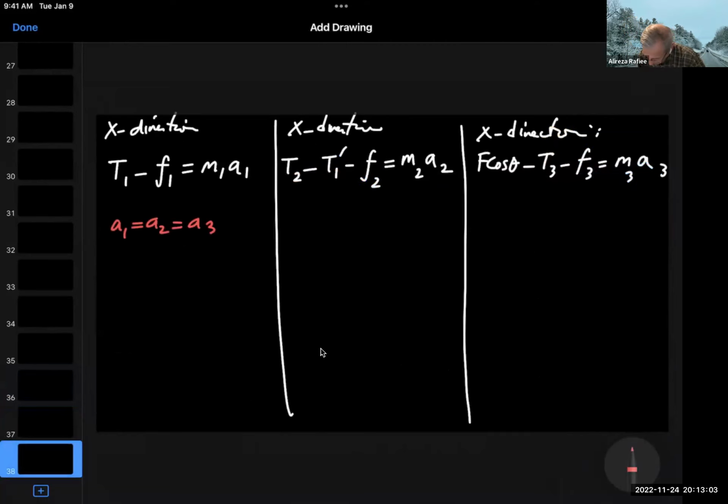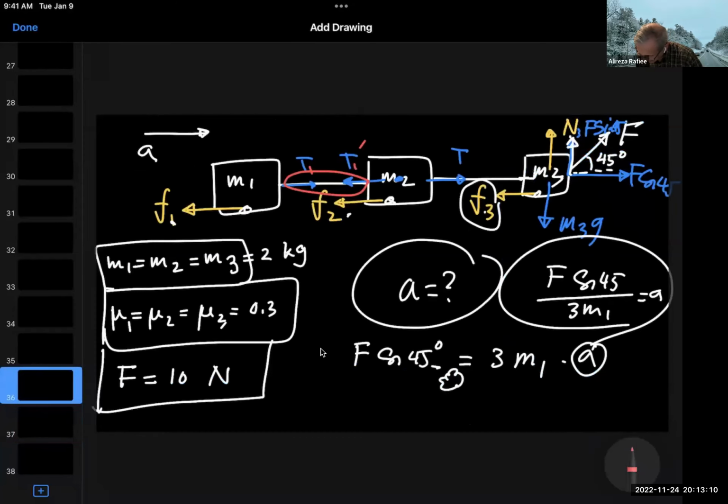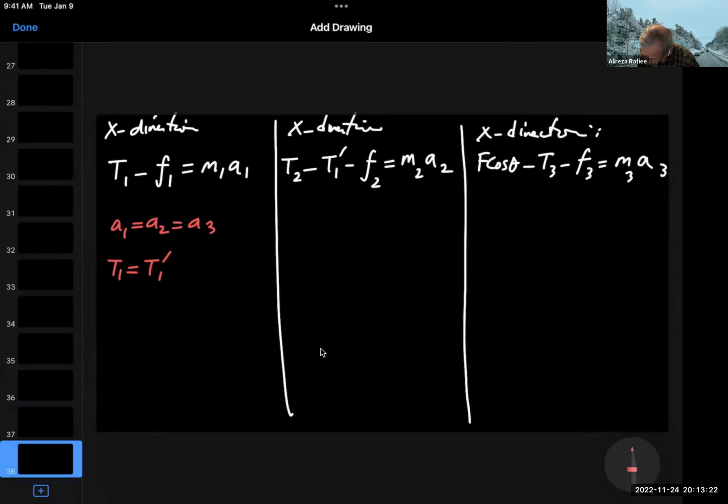So T1 is the same as T prime 1. The same is true here, actually. This side and this side should be the same, so whatever this T2 and this T3 are, they should be the same. Otherwise, it's going to break. So I can conclude that T2 is the same as T3.